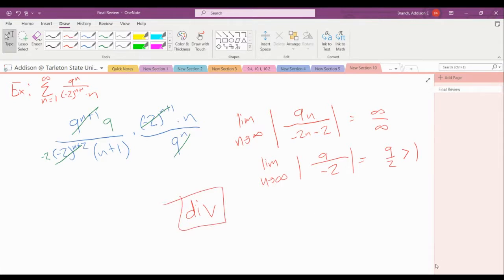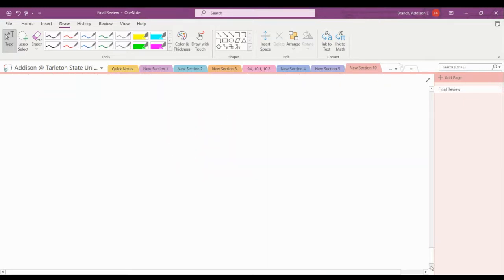So the last thing we have in this section is going to be our root test. All right, so we have a root test, and it states that, so it's pretty similar to our ratio test.